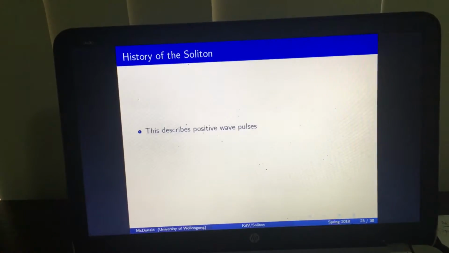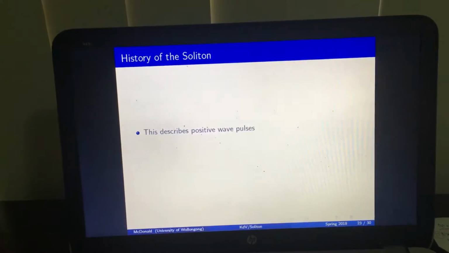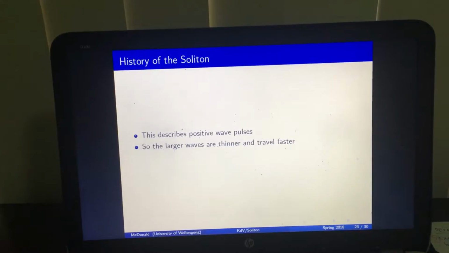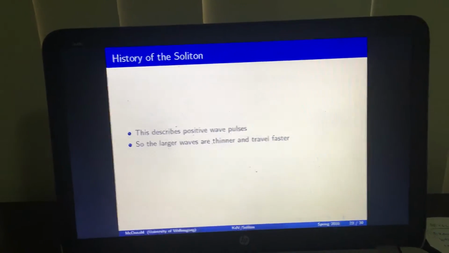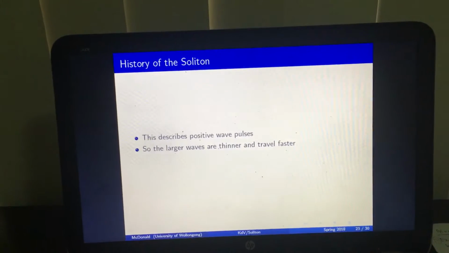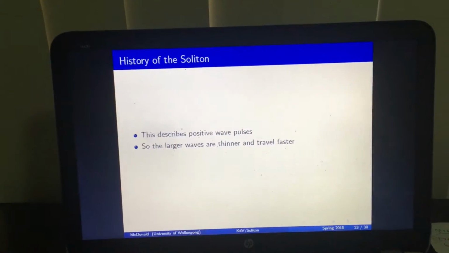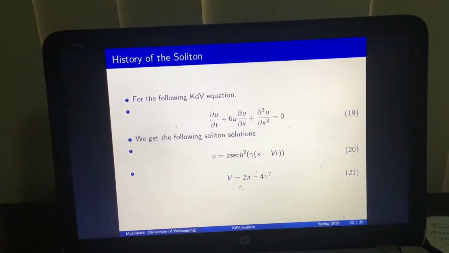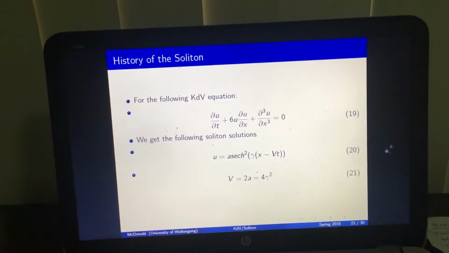So what this describes is a family of positive wave pulses. So the larger waves are thinner and travel faster. And you can see that through equation number 21.